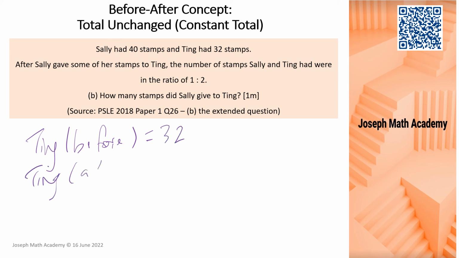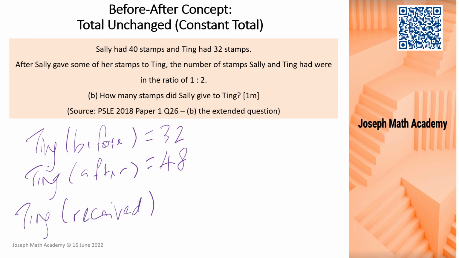Ting after, we found it in part A. Ting after 48 stamps. So Ting received from Sally 16 stamps. So this is part B answer.